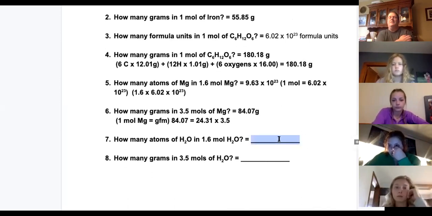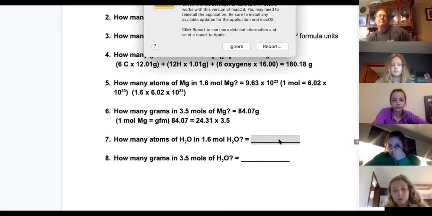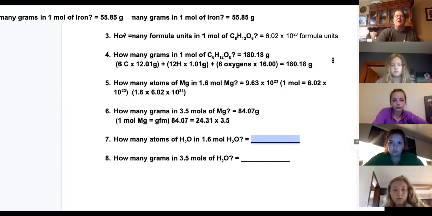Okay, Maya. How many atoms of water in 1.6 moles of water?